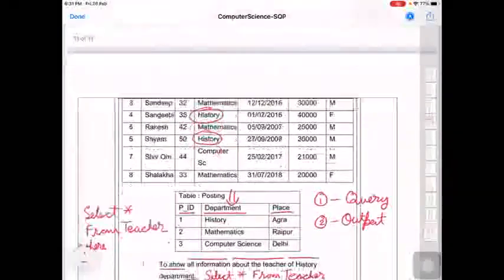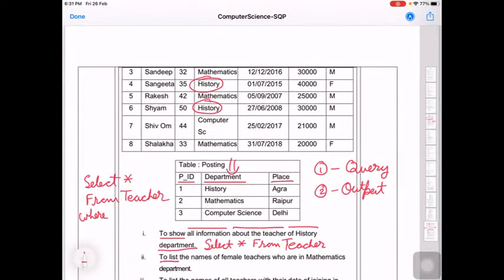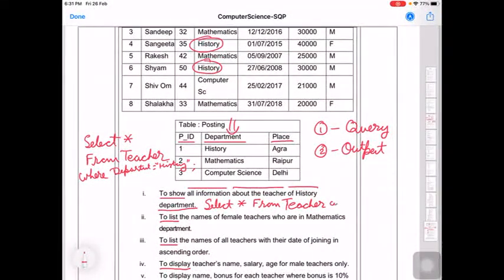So we will write where department equal to, in double quotes, history, then semicolon. Similarly you can write where, with the name as it is given in the table, and like this you can have your query. Clear? So this is how you approach SQL queries.